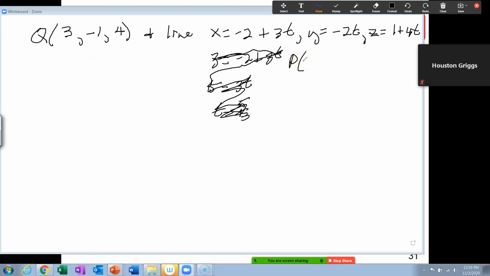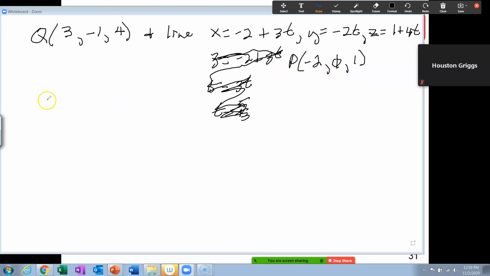Well, what point would that be? That would be -2 for X, 0 for Y, and 1 for Z. Where do you get that? Just put simply 0 for t. That would be -2, 0, 1. So this point is on the line, that point is not on the line.